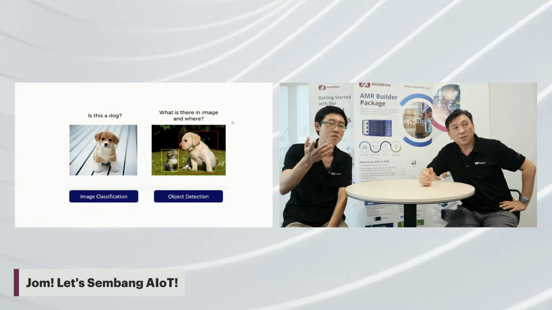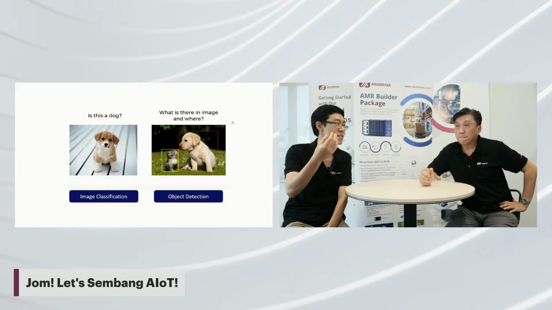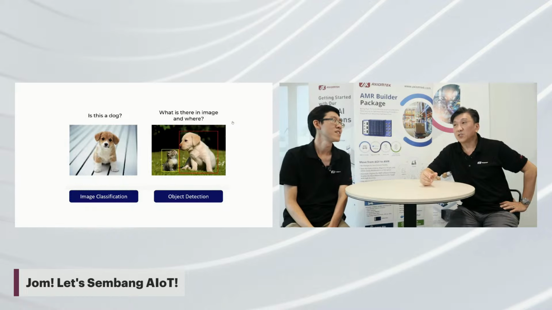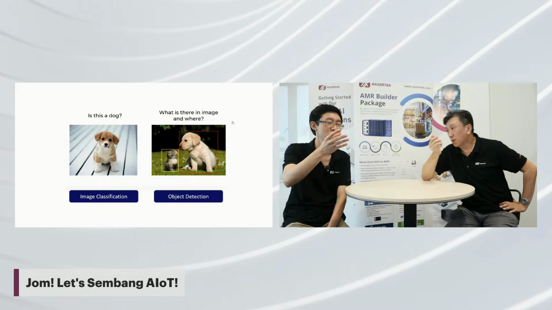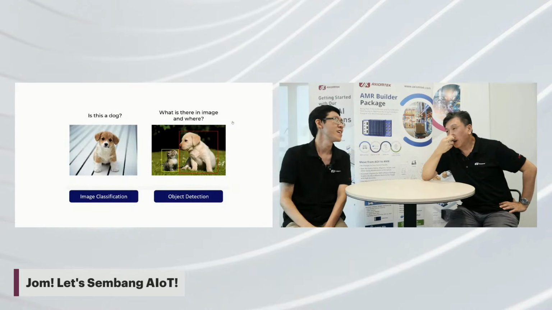Object detection provides you the coordinates of the object in the image. Classification just tells you what things are inside the image, but it cannot tell you where they are.